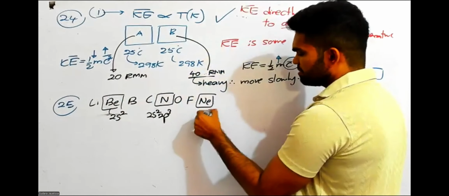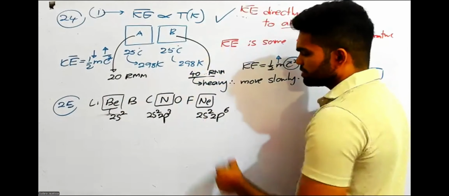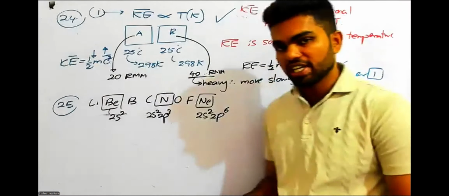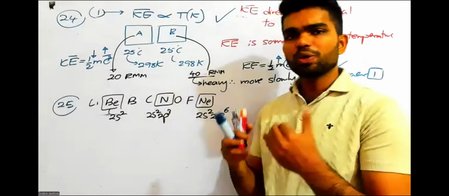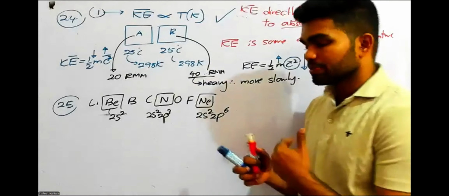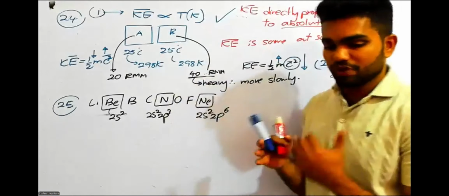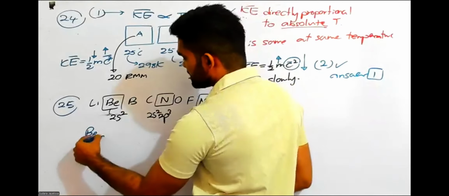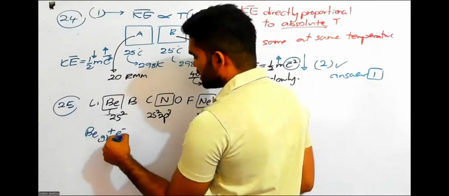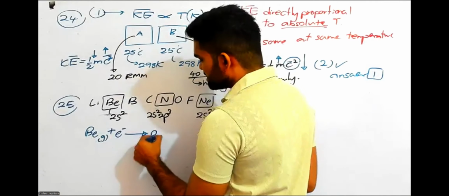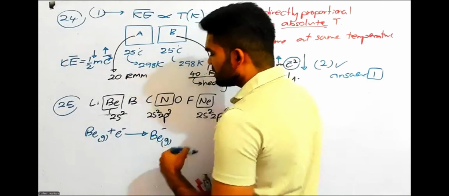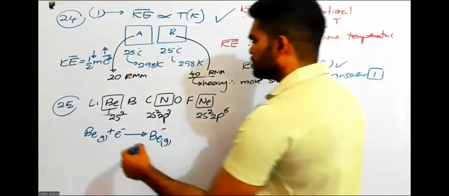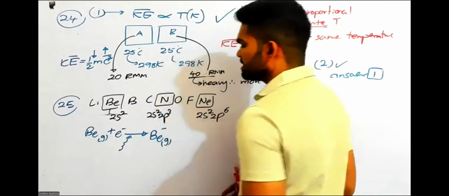This one is fully completed and stable, 2s2 2p6. If they have stable electronic configurations, they will resist accepting an electron. I explained electron gain energy earlier, refer to that again. If you try to give an electron to this element, it will kind of resist, saying I don't need that because it's already stable. Understand? So we have to forcefully give the electron.